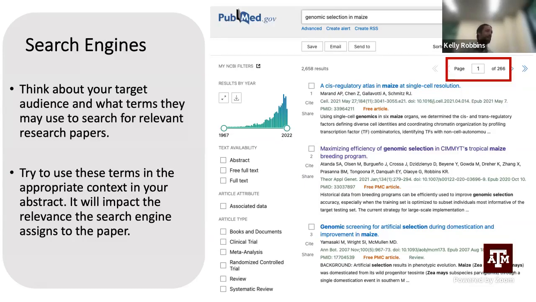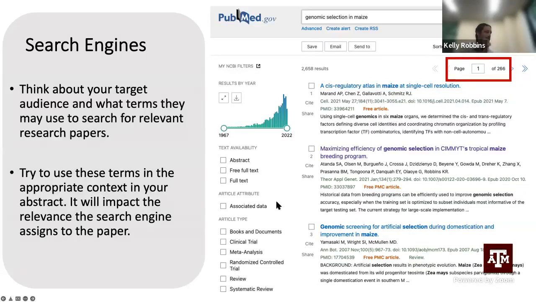So one of two things is going to happen. Either some papers of interest are going to show up right here on this first page for me to find, and those are the ones I'm more likely to look at. More likely, I'm going to refine my search criteria to get down to something a little bit more reasonable.